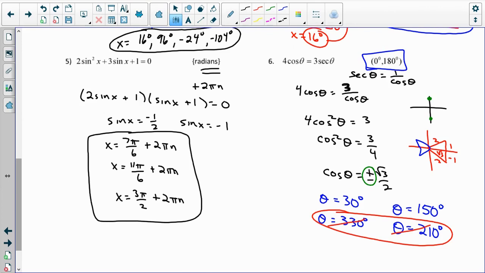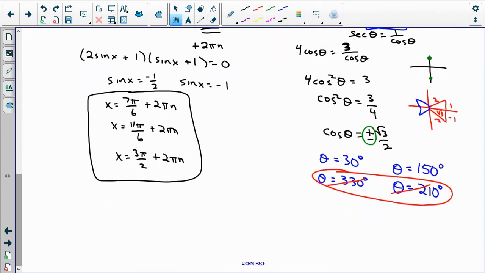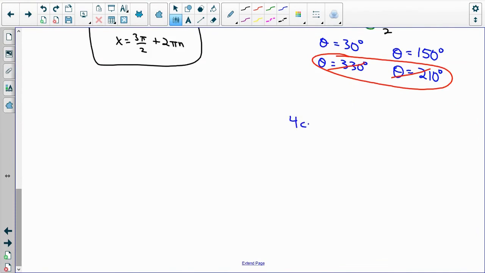Now, what if I change the problem slightly? What if I have the exact same problem for cosine, but I change this to be something like 2x minus 12?